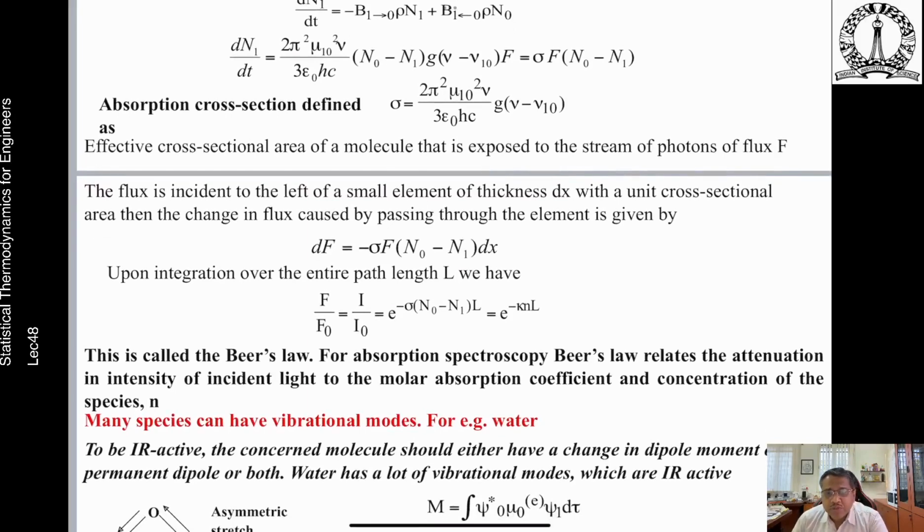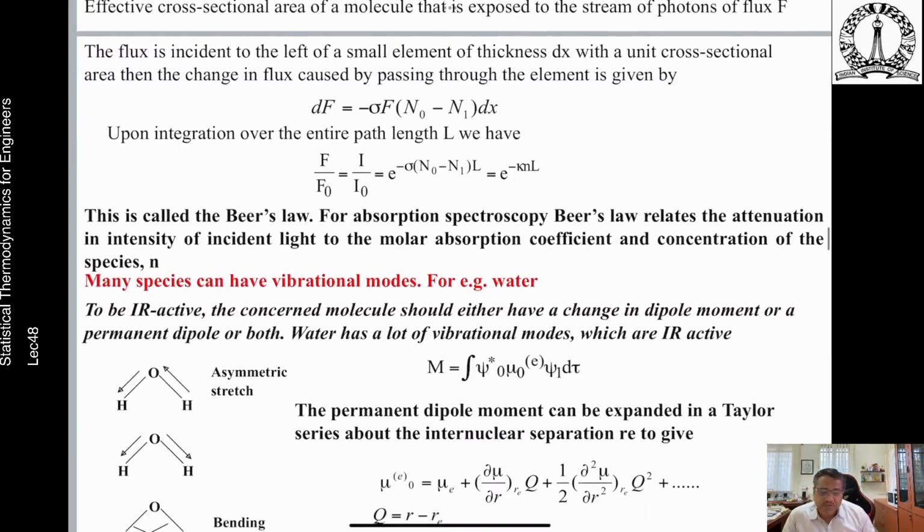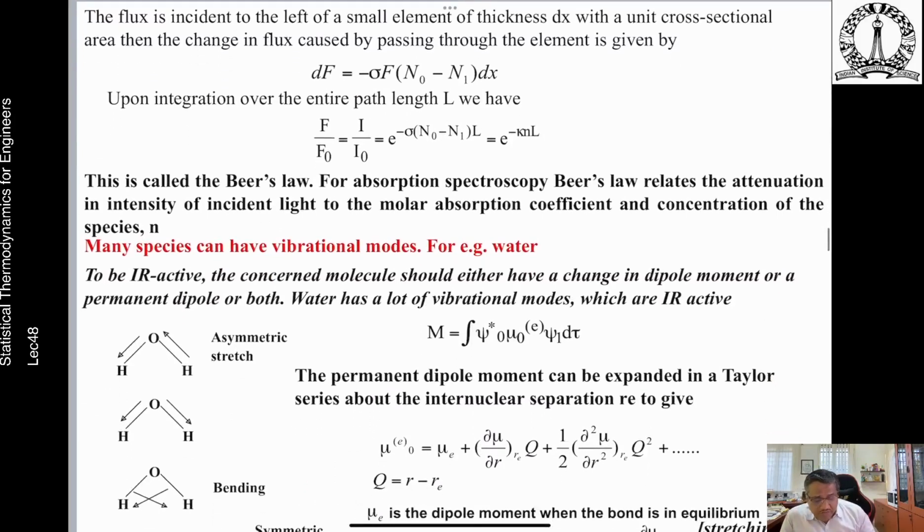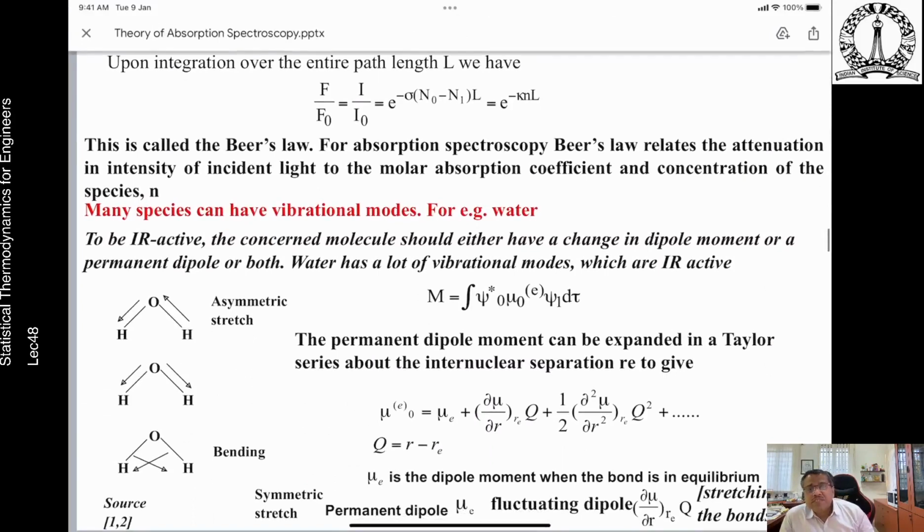For absorption spectroscopy, Beer's law relates the attenuation in the intensity of incident light to the molar absorption coefficient and the concentration of the species N, whatever that species is. Many species have vibrational modes, for example, water.